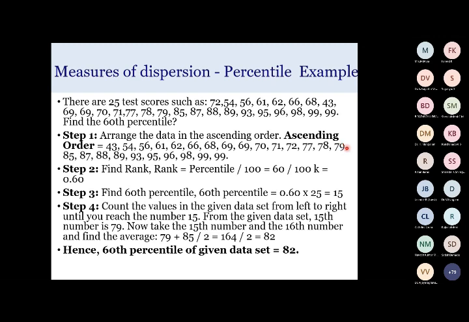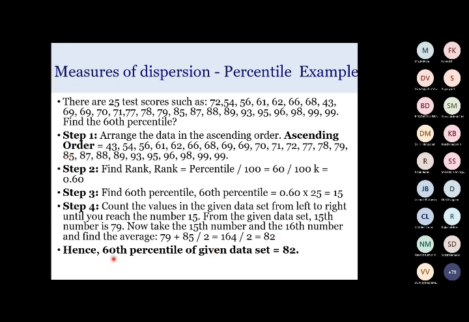If your rank is a whole number, 15, your 60th percentile will be the value at the 15th position and the next position's average. So the value at the 15th position is 79, plus the next position value is 85. The average of this is 82.